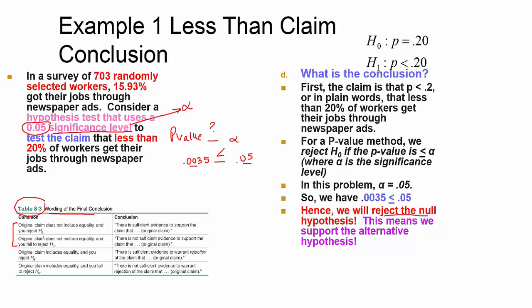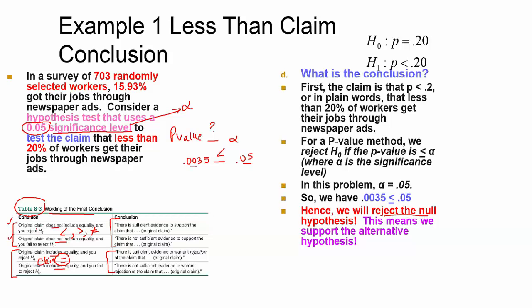That's what these first two say, not including equality. That means, does your original claim have a less than or a greater than or a not equal? If it does, then you're looking here to figure out your conclusion wording. The last two say, does the original claim include equality? So if your claim has an equals in it, you're looking here. Now my claim had a less than in it. So yes, I would be looking either here or here.